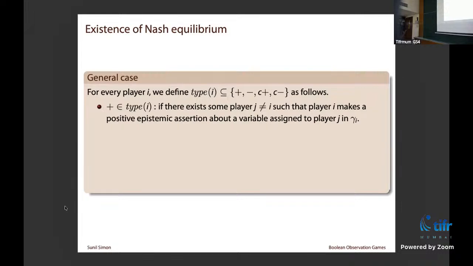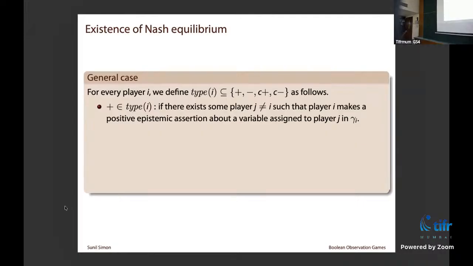You pick a player, and you look at what kind of assertions the player is making. If there exists some player J such that player I makes a positive epistemic assertion about a variable assigned to player J in the goal formula, then you say plus is in the type. So essentially I want to know some propositions that you control.